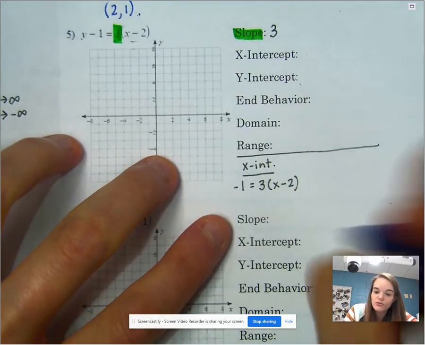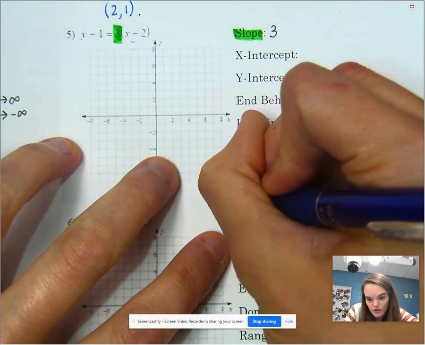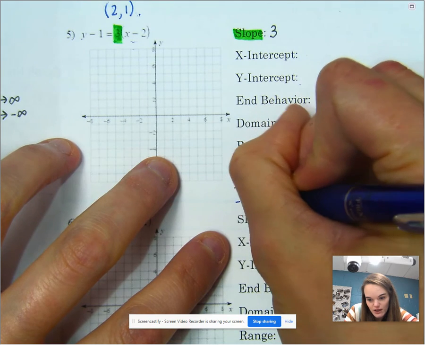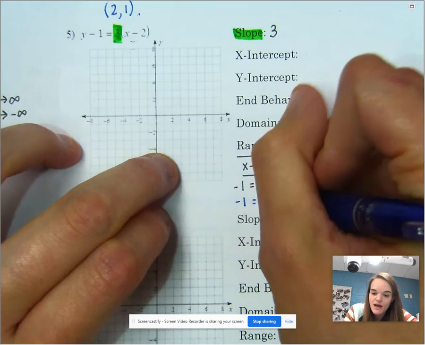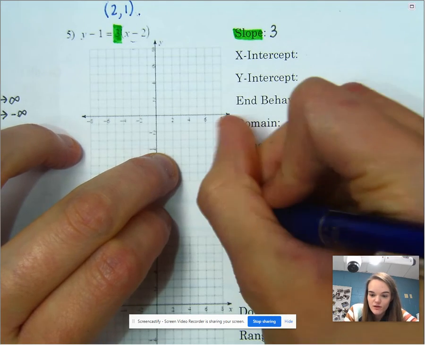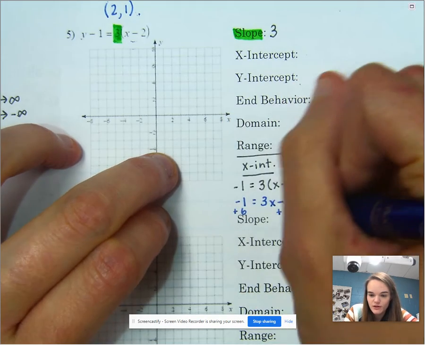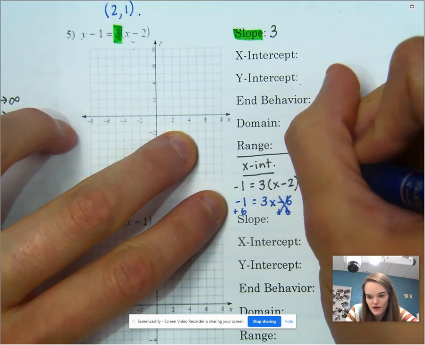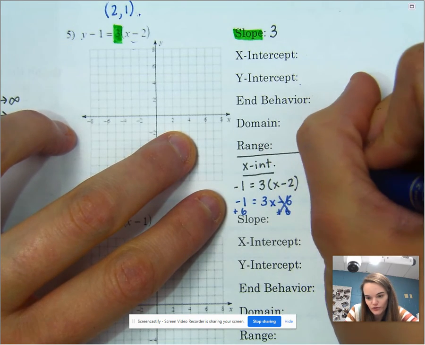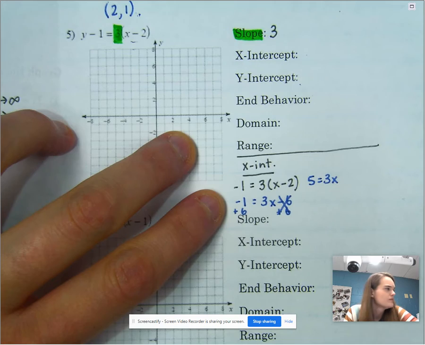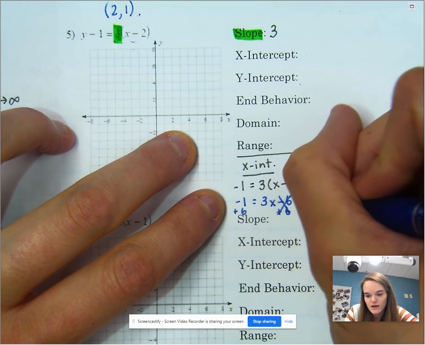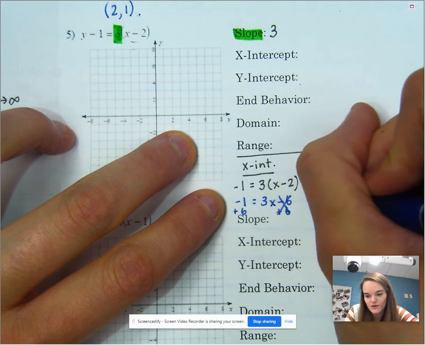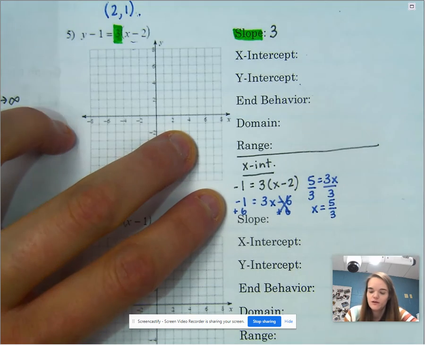So we are going to distribute: -1 equals 3x minus 6. Add 6. We're going to run out of room. So that's 5 equals 3x. Divide by 3. And x equals 5 over 3.